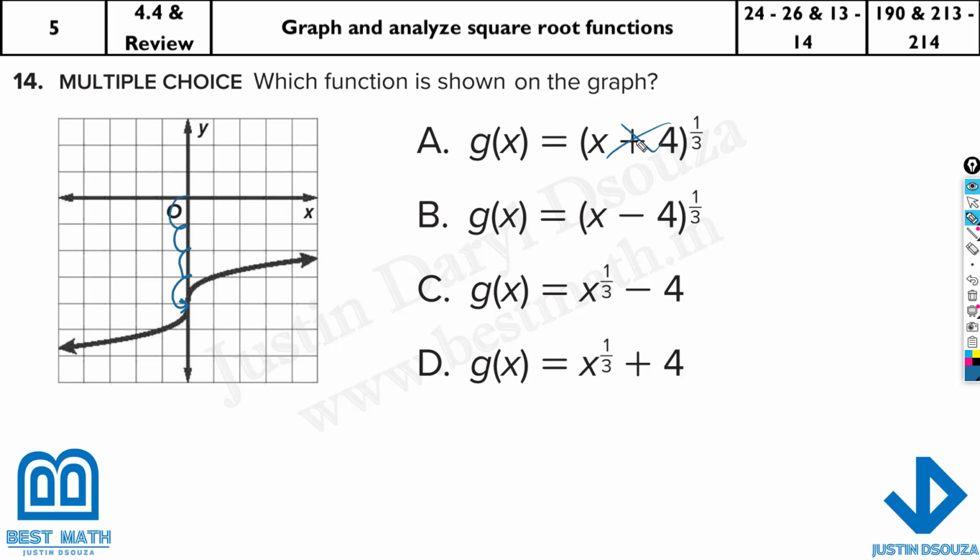This is entirely wrong. This would mean it is going either right side or left side because there is a bracket, right? That is towards the domain, the x-axis. Now, when you do plus or minus outside, this will go up or down. Since we want down, it's option C because it's minus 4. It's very simple. Cube root function, you can easily understand. It's going down by 4 units, so it's minus 4, option C.